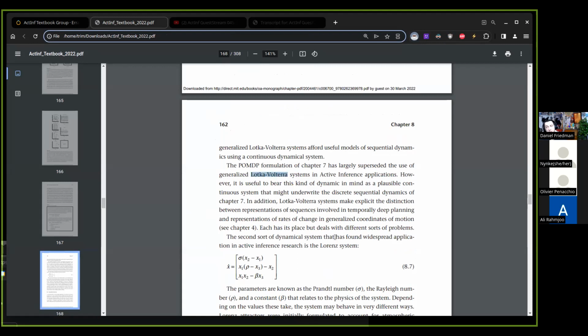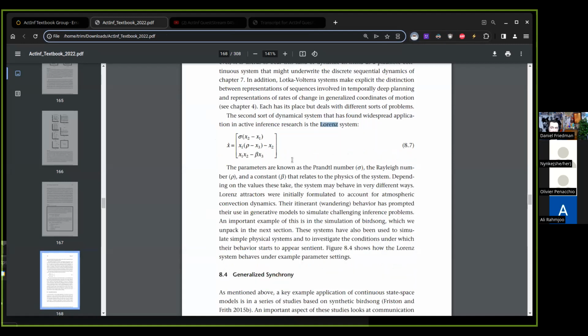The second one is the Lorenz system, or Lorenz attractor, which is a canonical example of a chaotic system. And it's a super fascinating story with Lorenz and his work in weather prediction. And that was, of course, one of the most important moments of the complexity and the computational chaos research of the last 100 years.